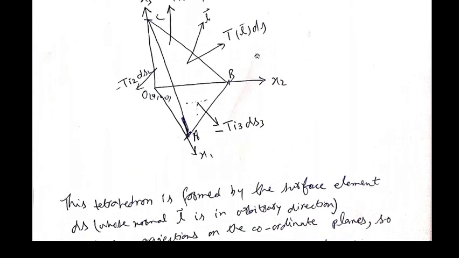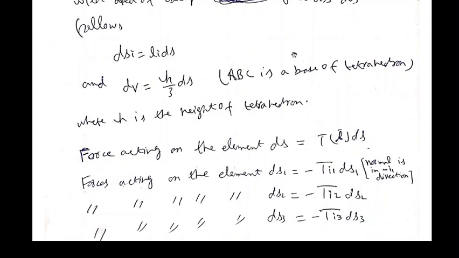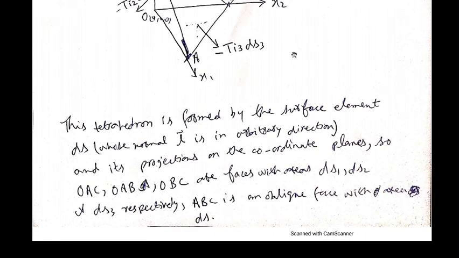Normal of this ABC is in any arbitrary direction, and the normals of the other 3 orthogonal faces are minus e1, minus e2 and minus e3, means minus x1, minus x2, and so on.